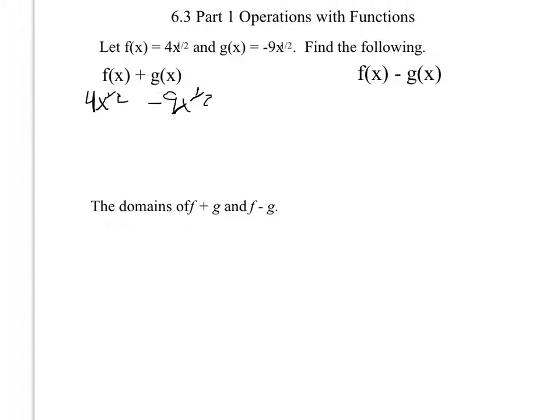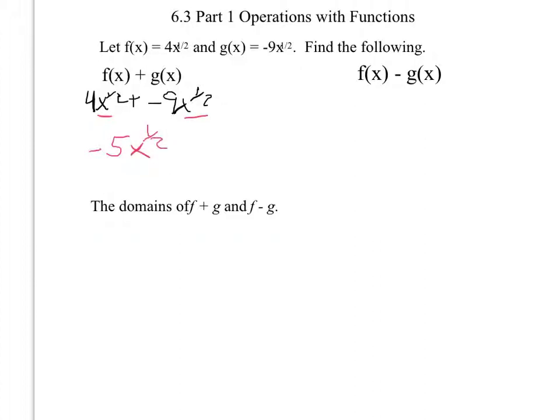And it says to add those two. So we can combine those like terms because they're both x to the 1/2. So put our coefficients together, 4 plus negative 9, that's negative 5. So negative 5x to the 1/2.